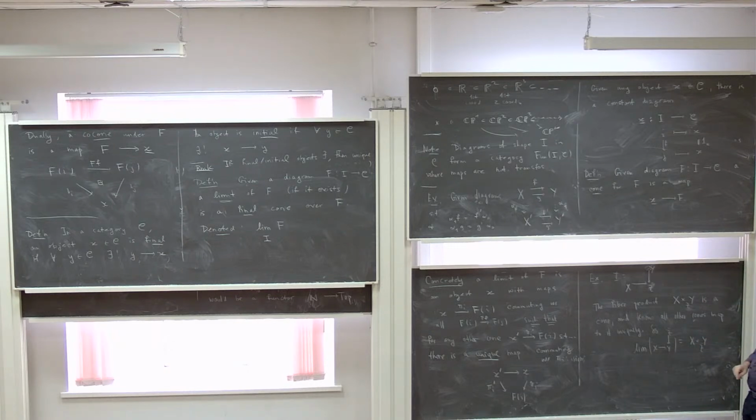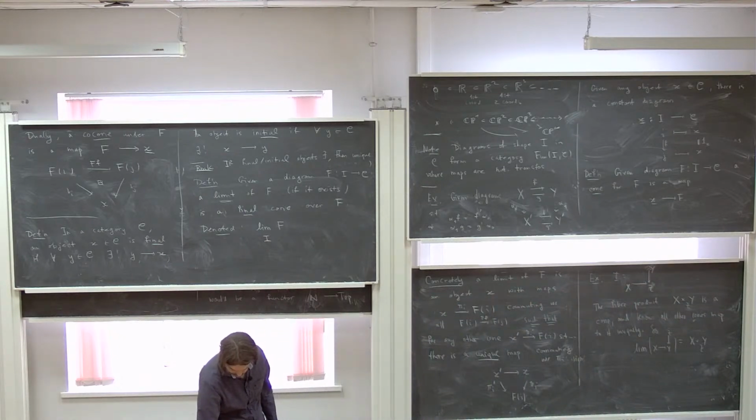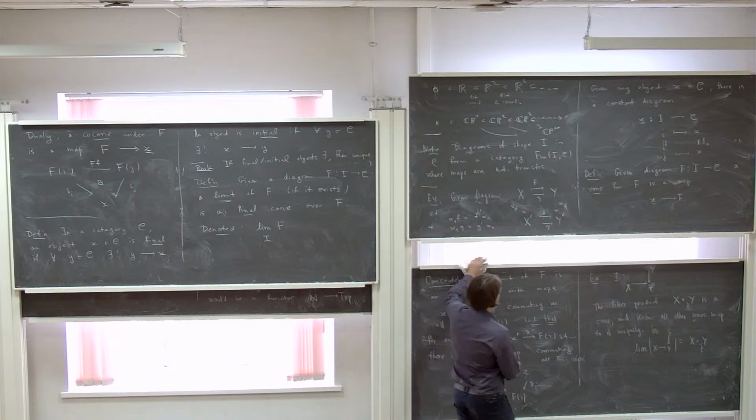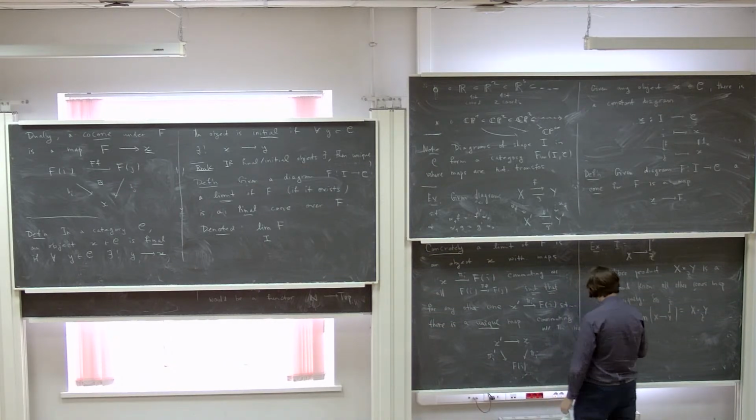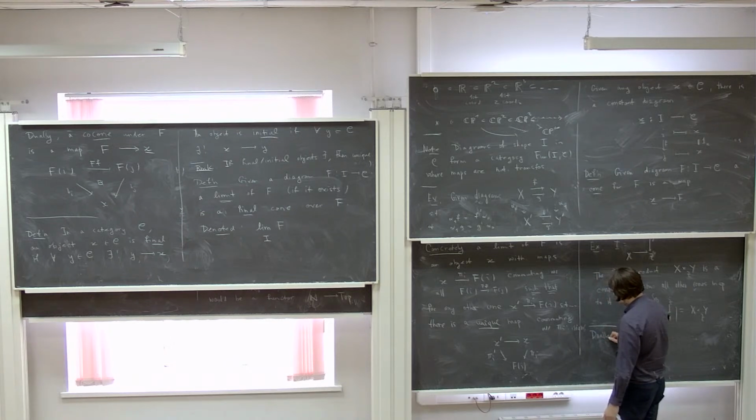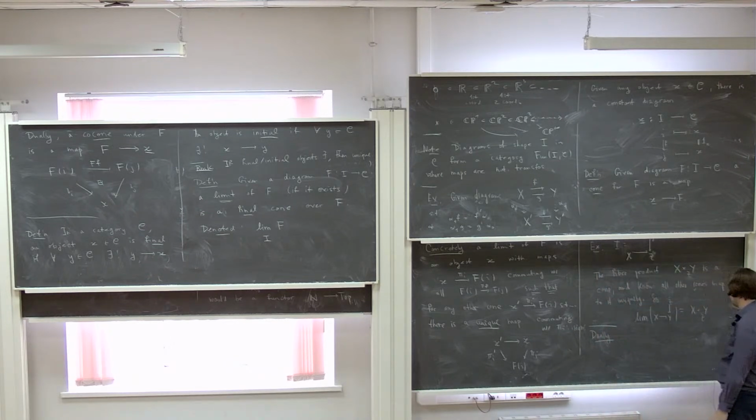Okay? And the dual notion, I'll just write it because we're done. The definition makes sense in a general category. It might not exist. There might not be fiber products. But if they exist, they're the limits of diagrams of this sort.